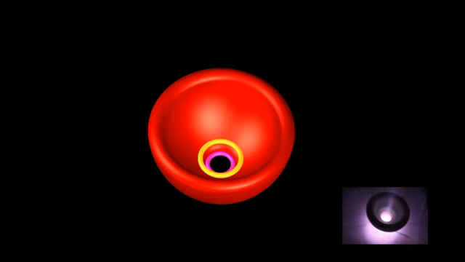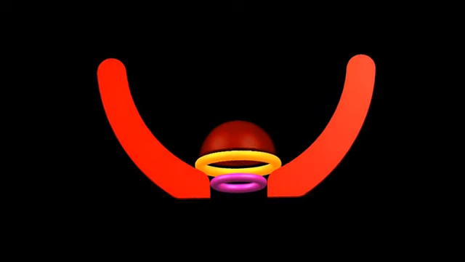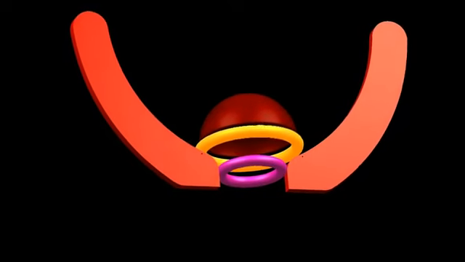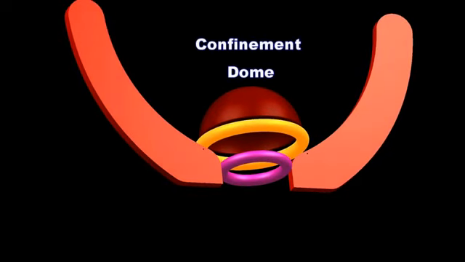In the bottom of the bowl we find 3 magnetic substructures. Now we will slice the bowl in order to get a better view of these magnetic substructures. I have named these magnetic substructures the confinement dome, the flip ring, and the choke ring.